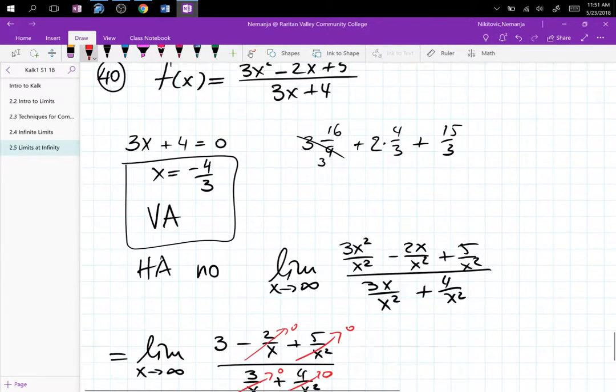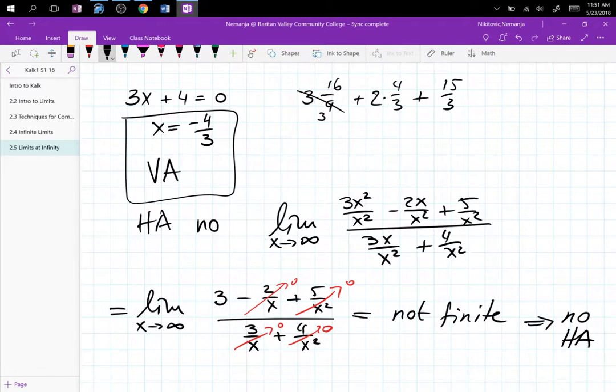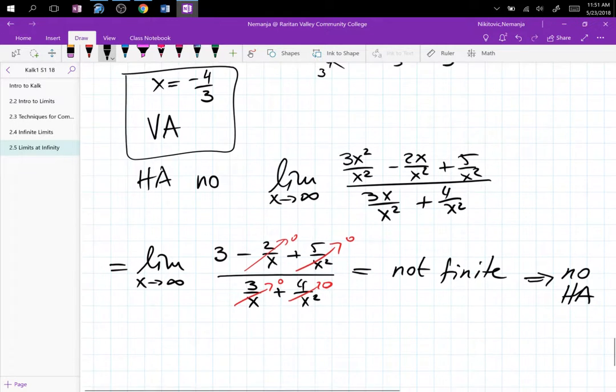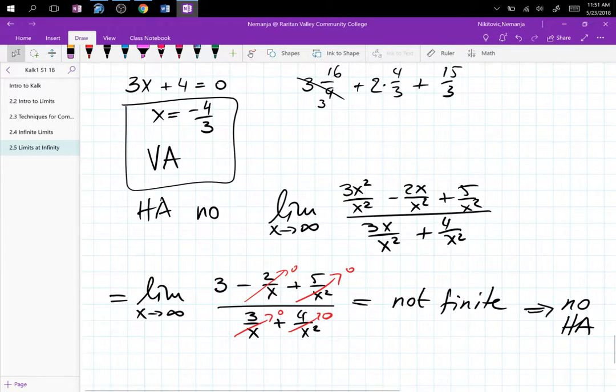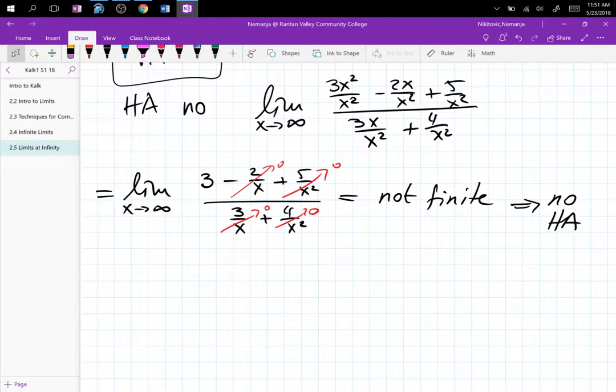So it's equal to not finite, therefore no horizontal asymptote. Since these are polynomials and we have the rule where the top is bigger by 1, for the slant asymptote we are going to do the long division of polynomials.